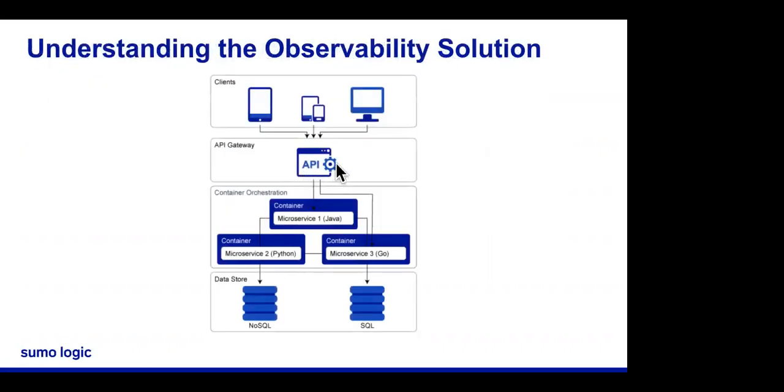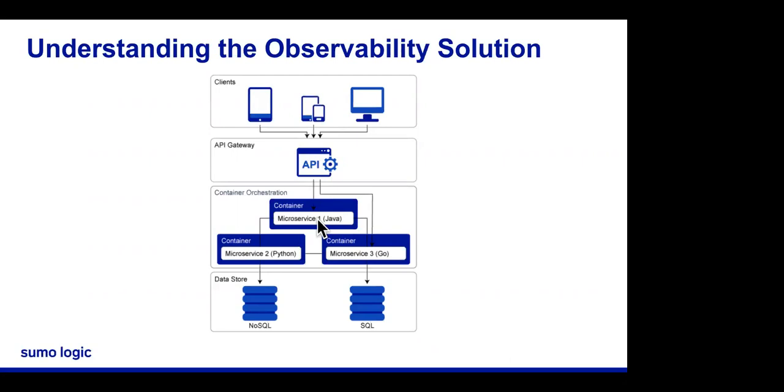Now, typically, in order to understand an observability solution, we need to think, maybe you're in the cloud, maybe you're on-prem. For those of you in the cloud, you've got multiple cloud environments, right? You've got maybe a dev environment, a prod environment, a QA environment. And in there, you've got various data stores. You may have relational data stores, you may have non-relational data stores. And typically, these data stores are being managed by some sort of containers, right?